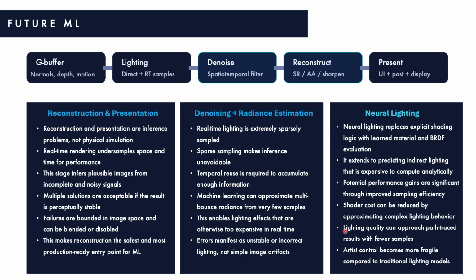So I don't have a lot of samples, how do I light it, that kind of thing. Machine learning has an opportunity there because it's good at learning and predicting what stuff might happen, how stuff might look, and then of course full-blown neural lighting, which is a broad concept for a lot of things that might be better. It basically is replacing some of the algorithms and doing more of a learned mechanism to be able to do the lighting in the room. That's a little bit longer term.